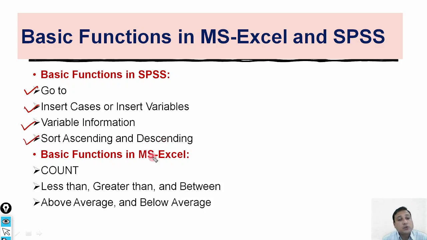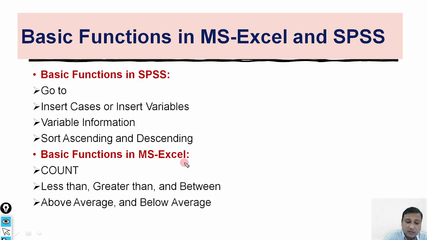Then we'll perform the sort ascending and descending function. Then we'll shift to MS Excel, and in MS Excel we'll perform the count function, which is one of the very useful functions. Then we'll perform the less than, greater than and between functions, and finally we'll perform above average and below average.